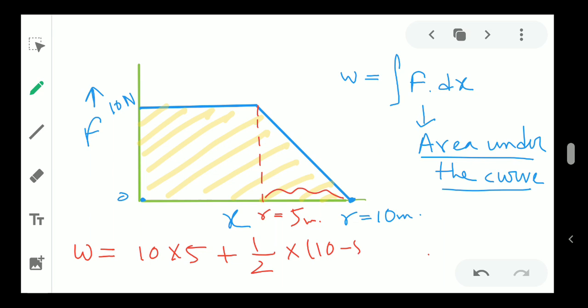I'm writing the whole thing so that there is no confusion, into 10 the height. So ultimately you can get the total work done as 50 plus 25, that is 75. So 75 joule, because we are talking in SI units. So this is how we can also find out the work done.